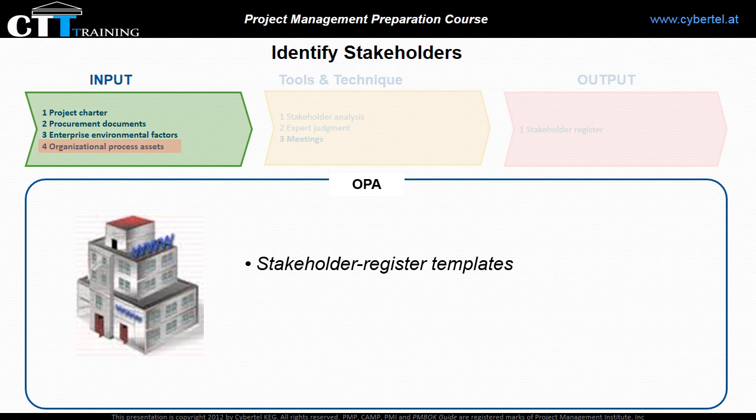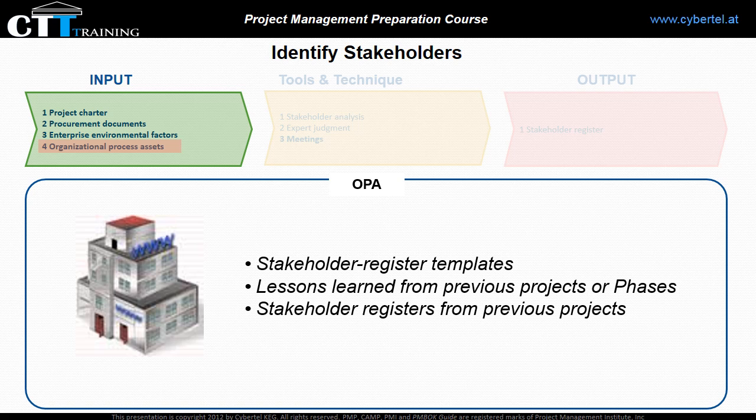Then you must create such templates for your project, which may become the standard templates in the future in your organization. Also, you may need the lessons learned from previous projects or phases. This is the document where lessons and experiences learned from previous projects are noted. We may also need the stakeholder register from previous projects to identify how you will perform your stakeholder register for this project.